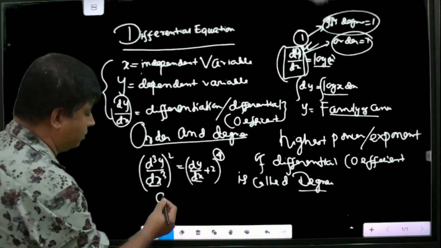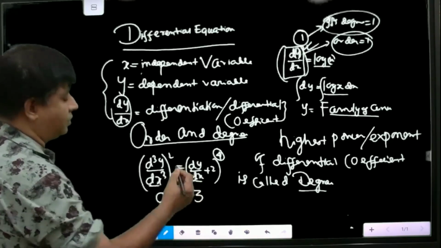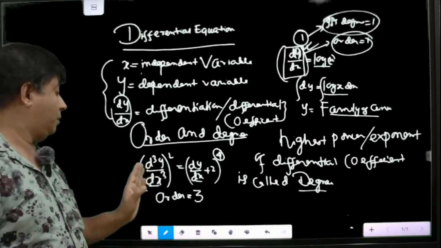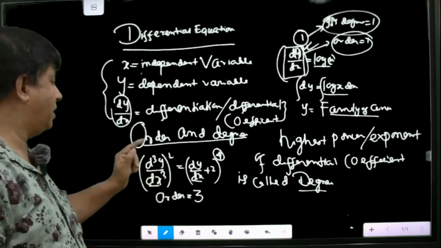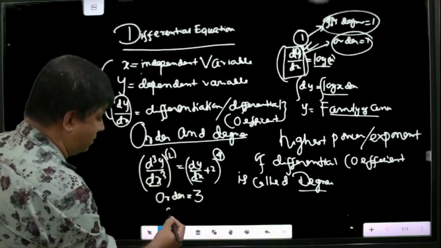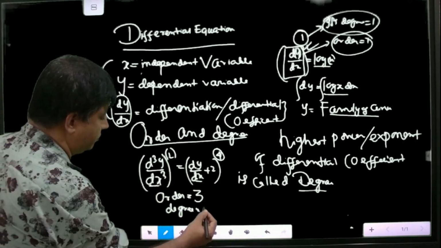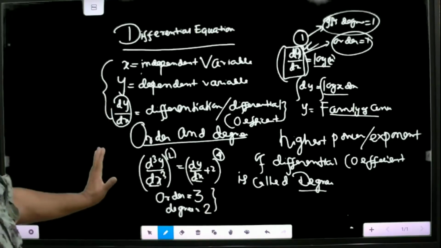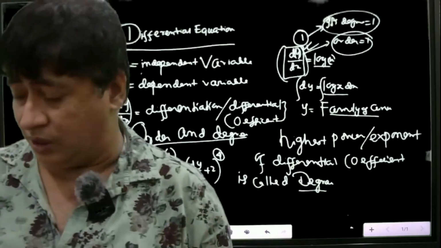So order 3, and the highest order differential coefficient's power will be considered as degree. Degree is 2. So you have understood what is order and degree of a differential equation.